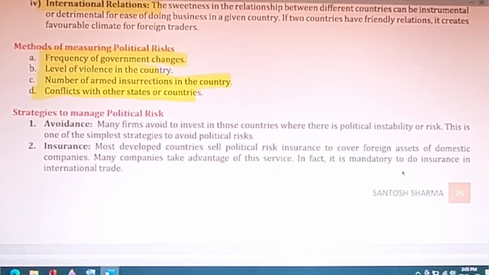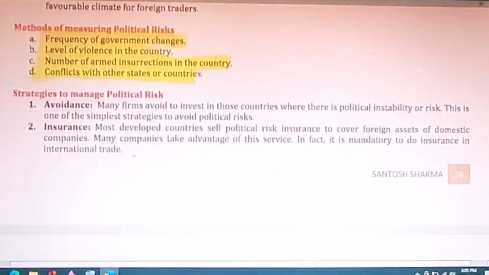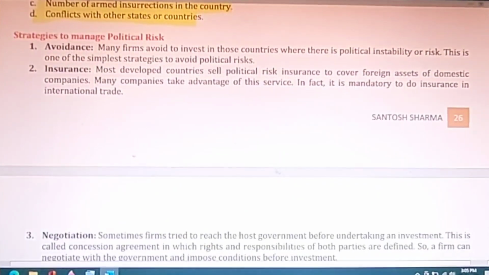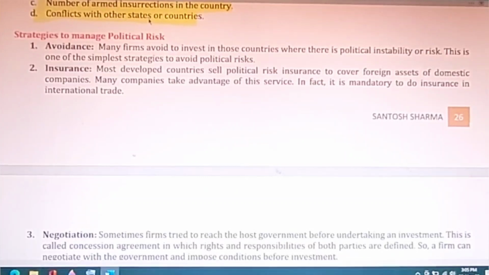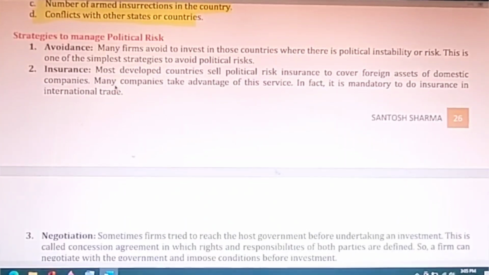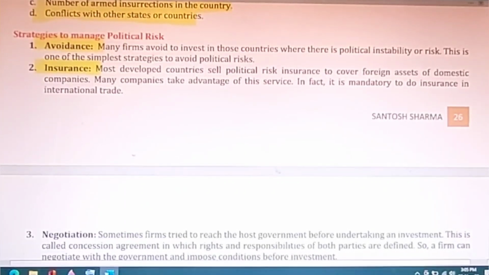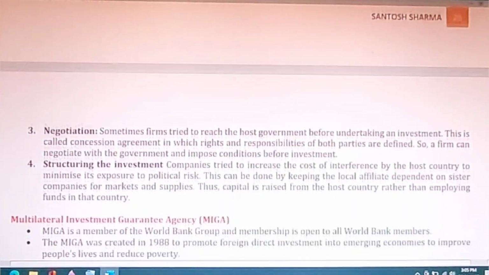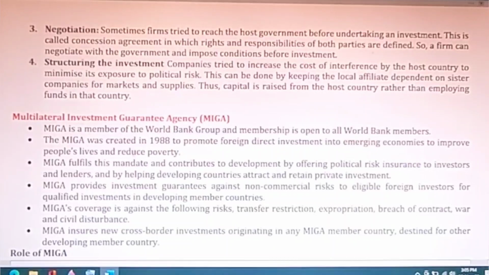And there are a few strategies and methods to minimize this risk, because whenever a foreign company tries to invest, it always analyzes the political risk. So the first step it can take is to avoid investment in foreign countries. The second one, there are a lot of insurance companies which provide exporters with insurance facilities, so in case of loss, they compensate the loss.